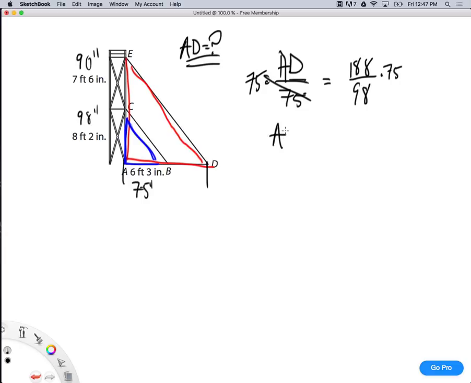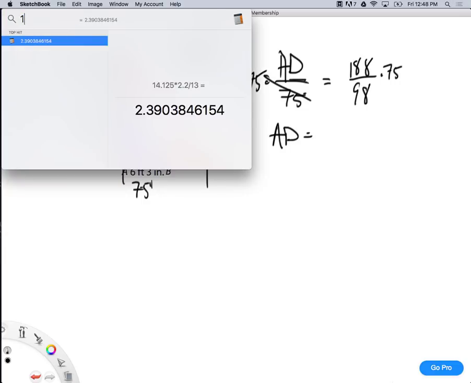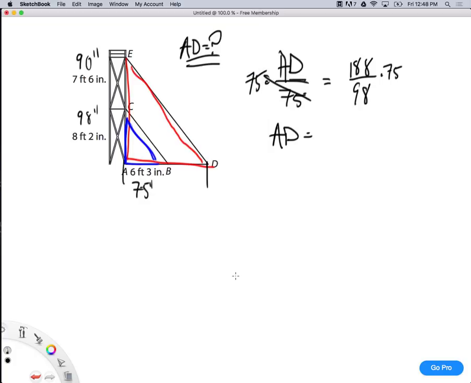I get AD equals 188 times 75 divided by 98 equals 143.87, or rounding it off, 144 inches. How many feet is 144 inches? Yes. Good. 12 feet. Good. Any questions on that? All right.